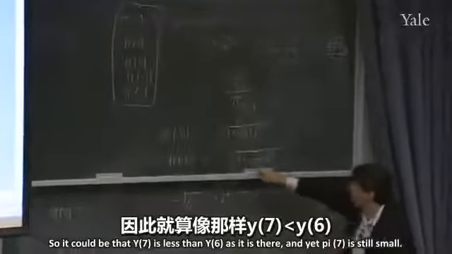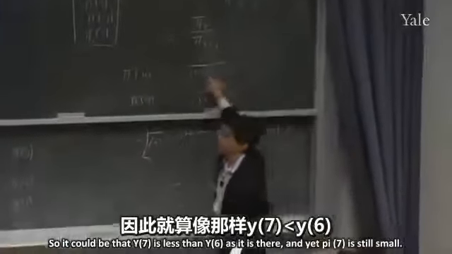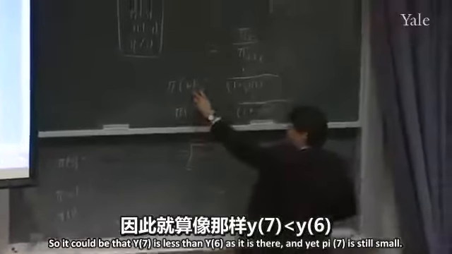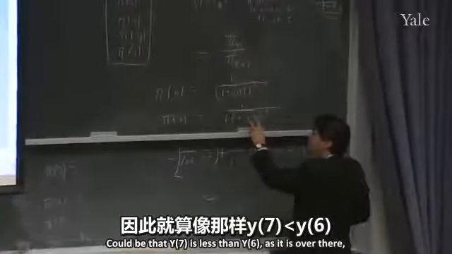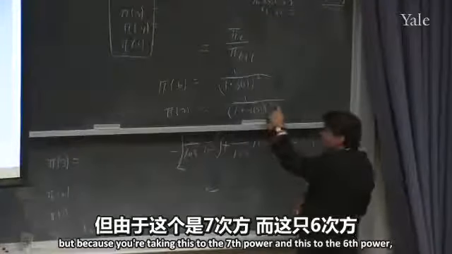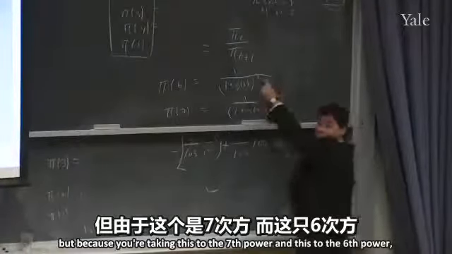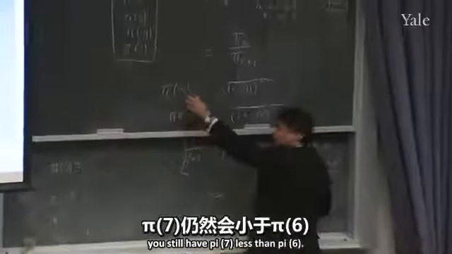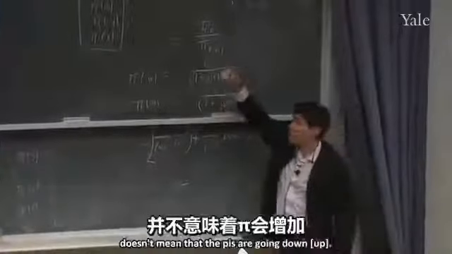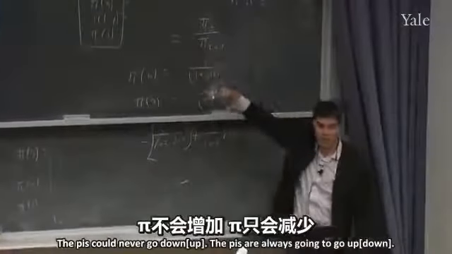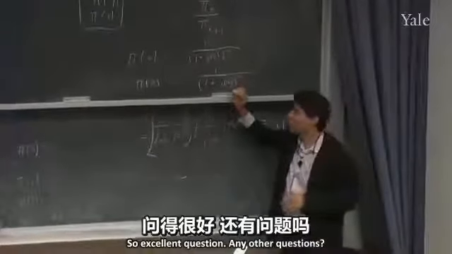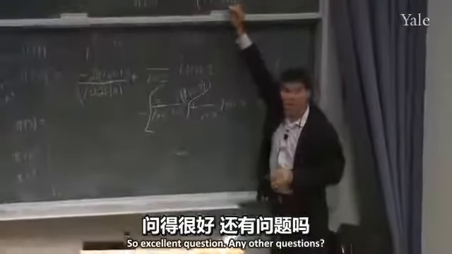So it could be that y7 is less than y6, but because you're taking this to the 7th power and this to the 6th power, you still have pi 7 less than pi 6. So just because the yield curve is downward sloping doesn't mean that the pi's are going down. The pi's are always going to go down. Excellent question. Any other questions?